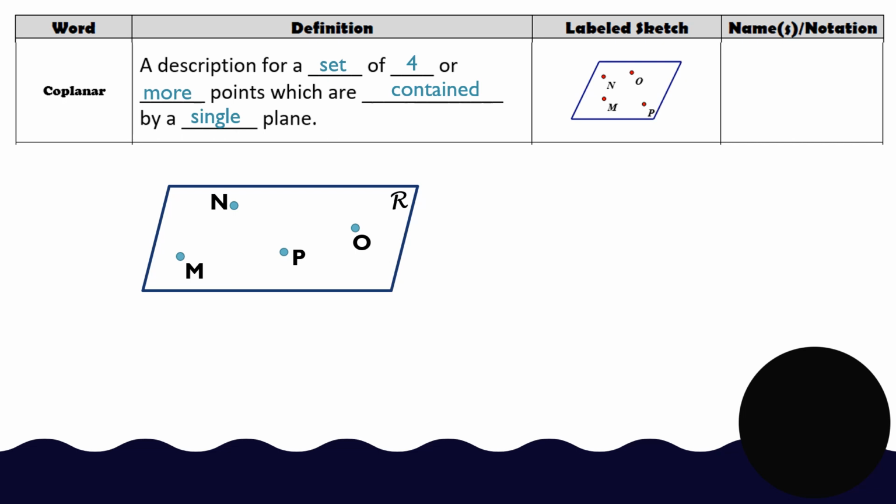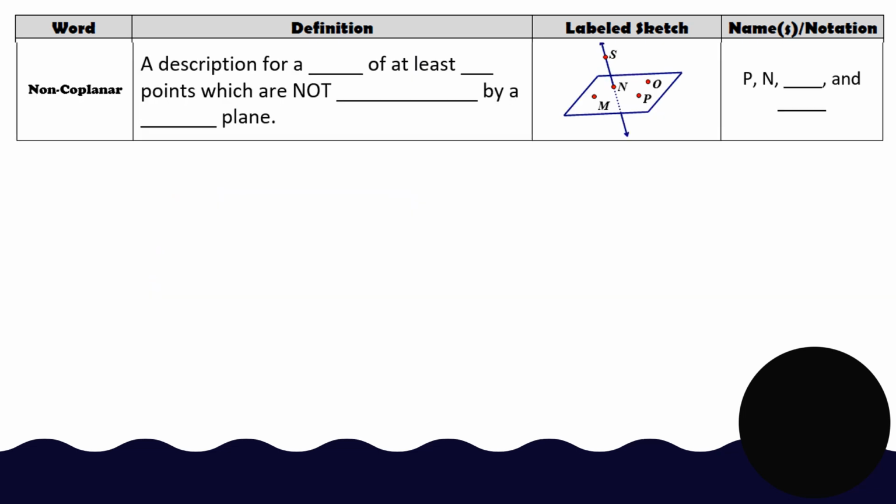It just has that word not in it. So non-coplanar is a description for a set of at least 4 points which are not contained by a single plane.